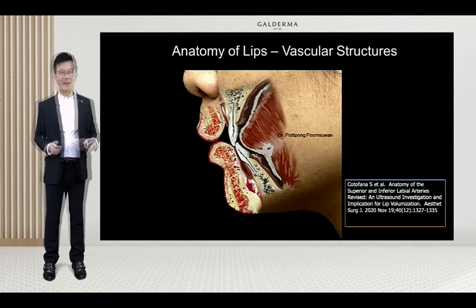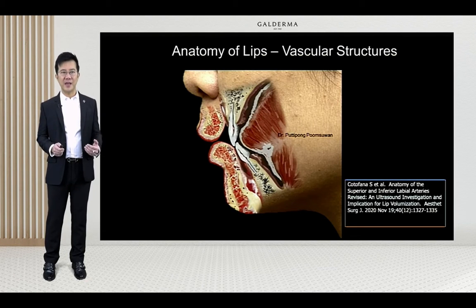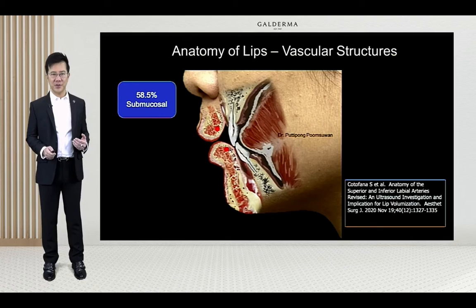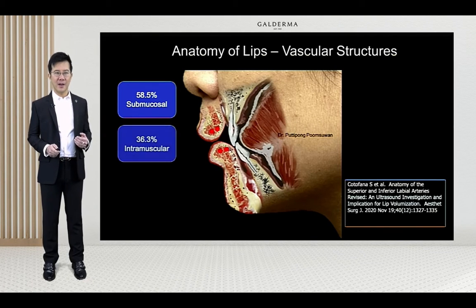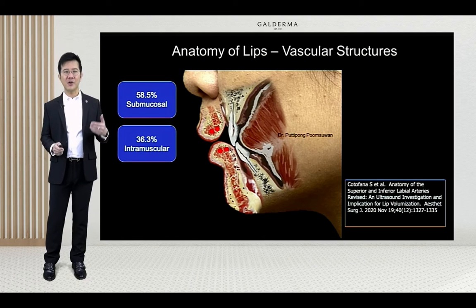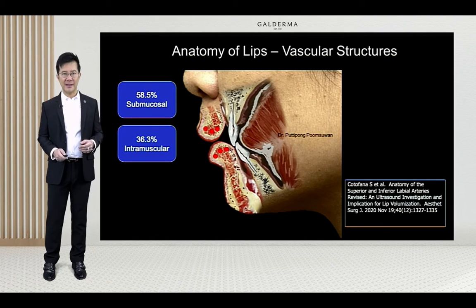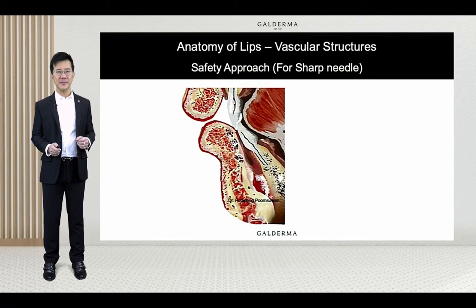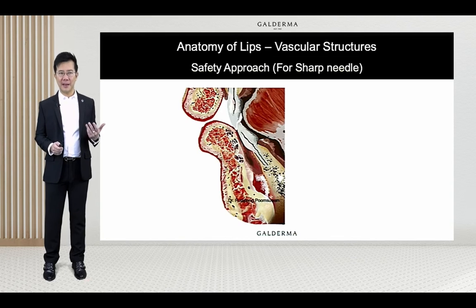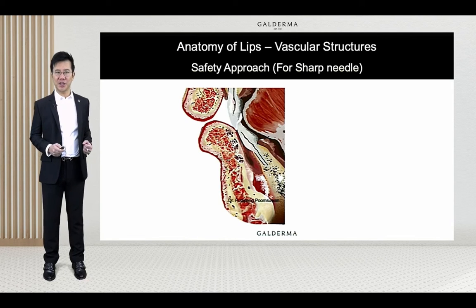From the study, the majority of the superior and inferior labial arteries are found at the submucosal plane, while about a third are found at the intramuscular plane and only about 5% at the subcutaneous layer. We may apply this knowledge to our injection technique.